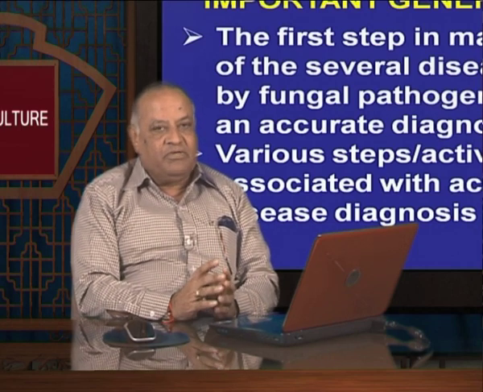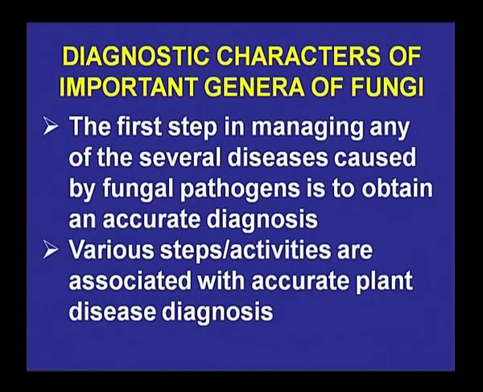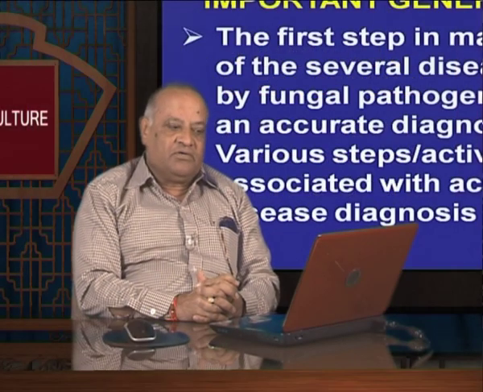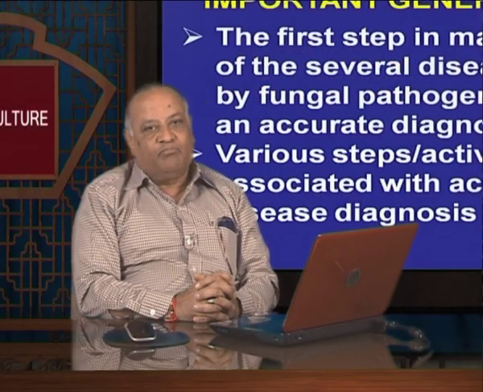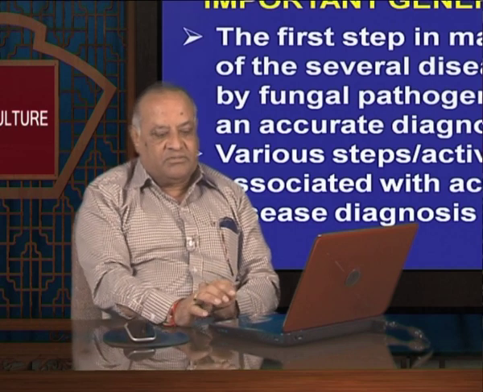The first step in managing any of the several diseases caused by fungal pathogens is to obtain an accurate diagnosis. There are various steps and activities which are associated with the accuracy of plant disease diagnosis.